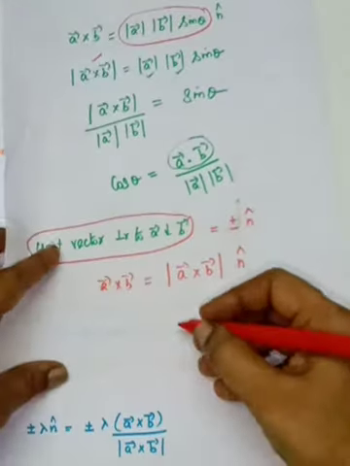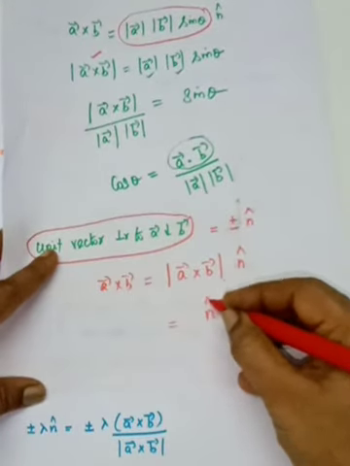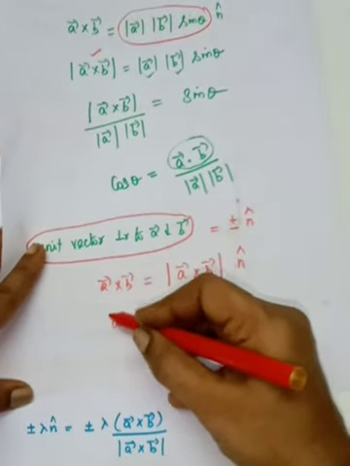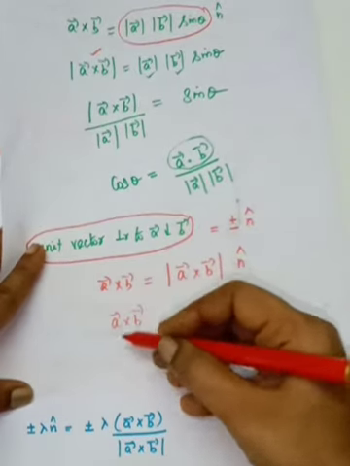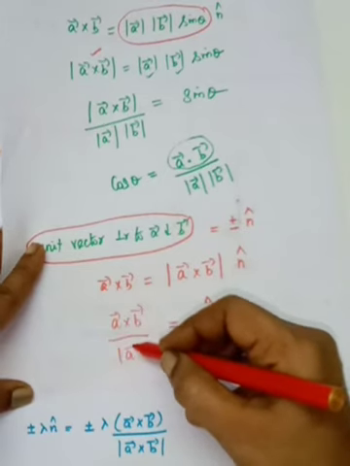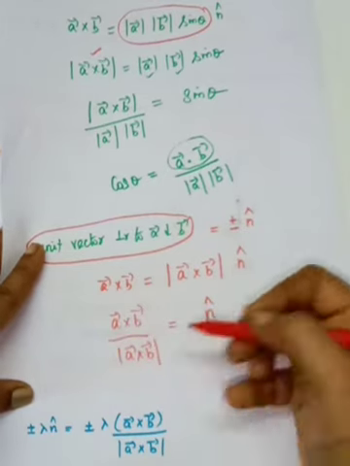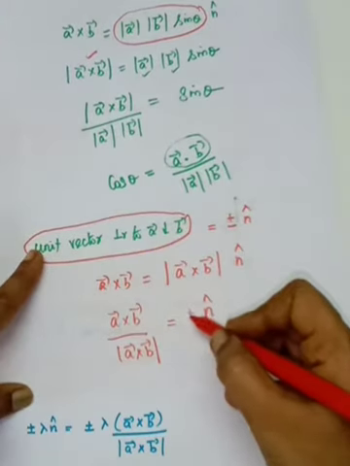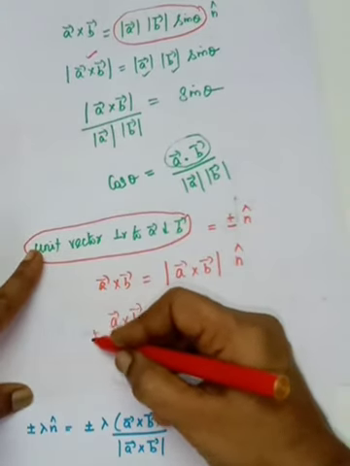So from this we can easily find n cap. Keep n cap on the right side: a vector cross b vector divided by modulus of a vector cross b vector. This is your n cap. If you want, you write plus or minus.